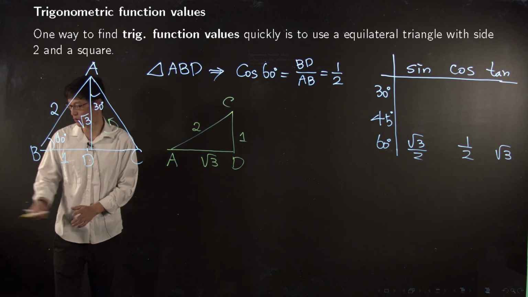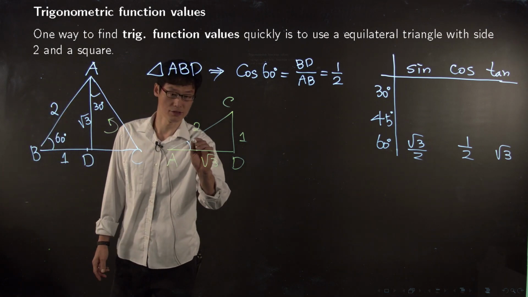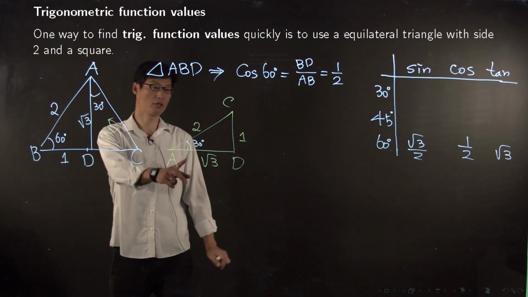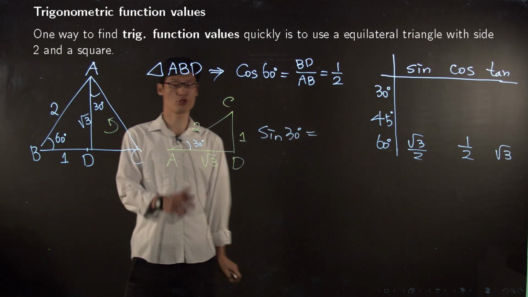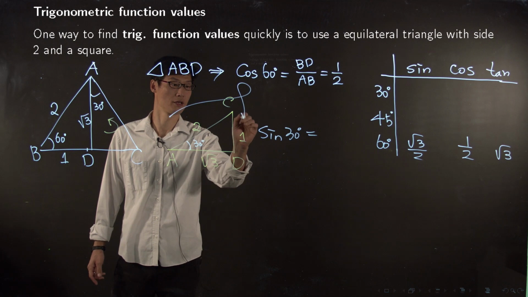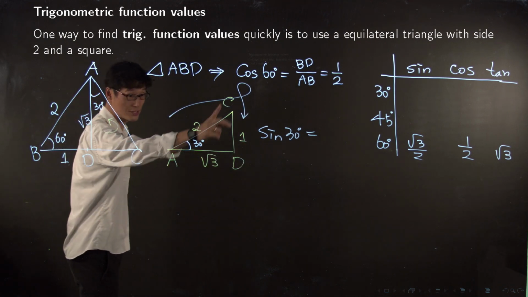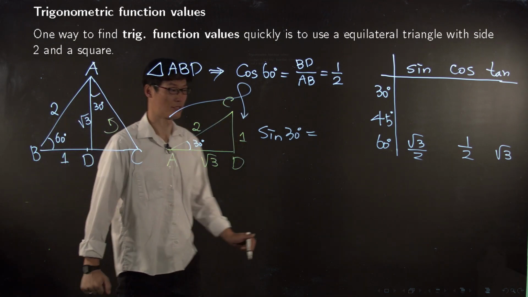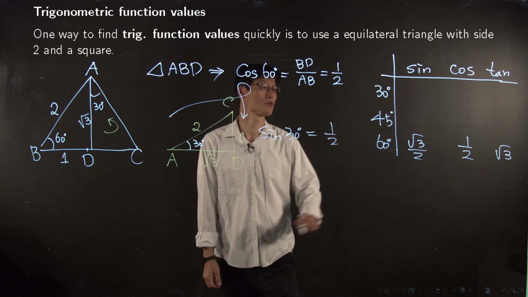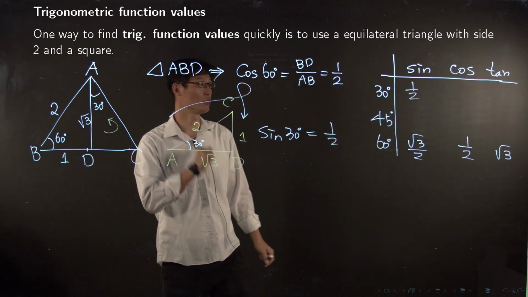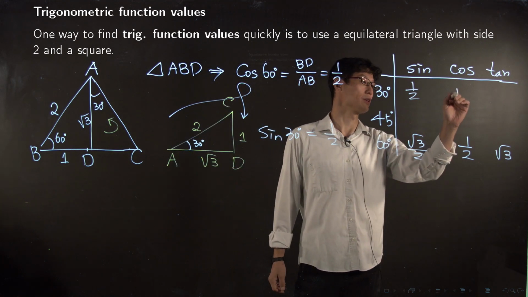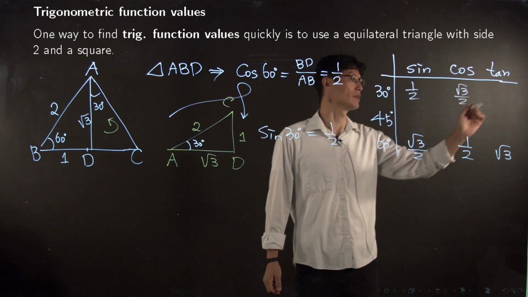Again, it's like 1, 2, 3. And the angle is 30. So you can calculate sine 30, which is the ratio between this CD and AC. So 1/2. So sine 30 is 1/2. Again, you can use this triangle to find cosine 30, square root 3 over 2, and then tangent.